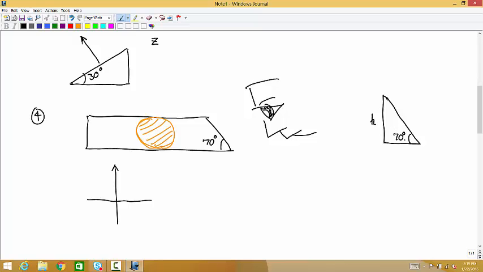Well, sine of 70 degrees is equal to this length over this. So you get, it's going to be 1 divided by 0.94, you know, the sine of 70 degrees.